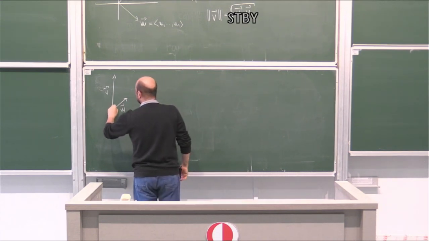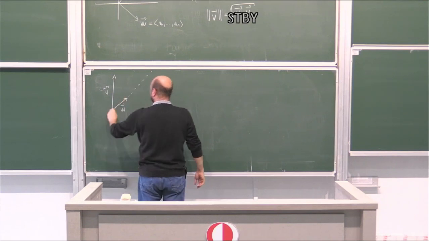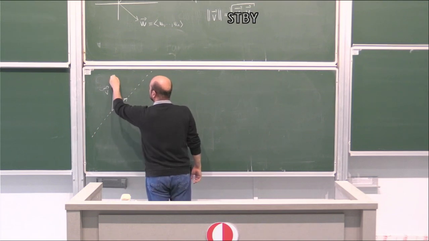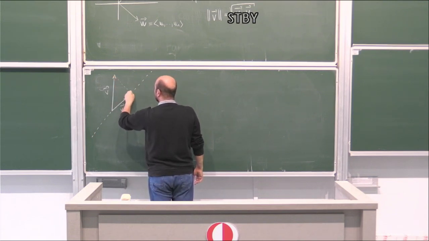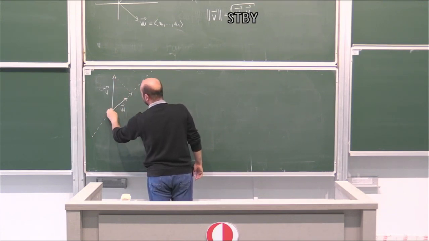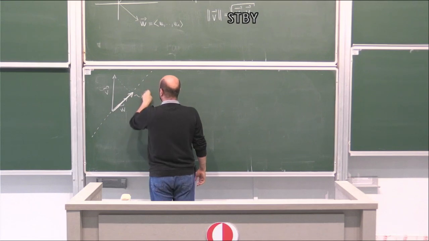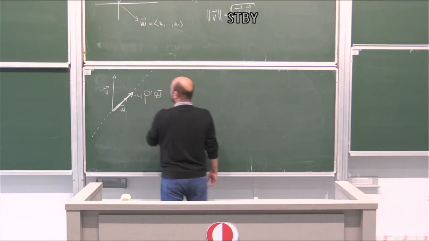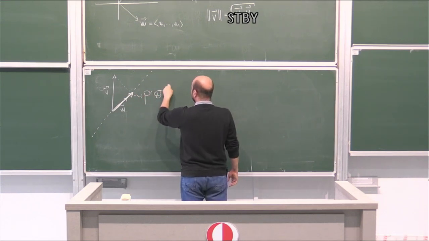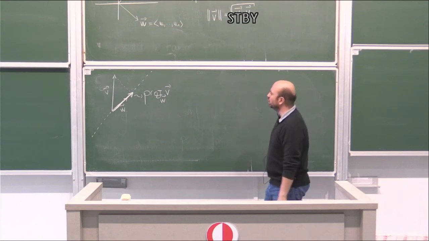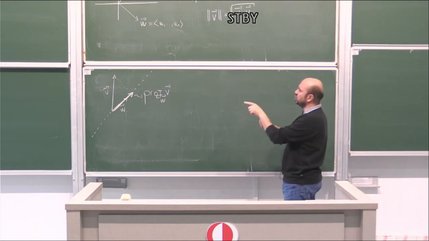This w determines a direction, and you project onto this. This big one is your projection. You write this as the projection of v onto w. So basically you find the component of v in the direction of w.